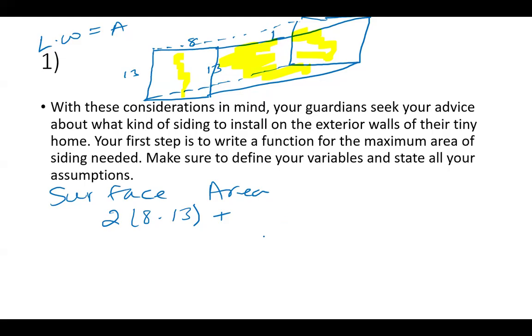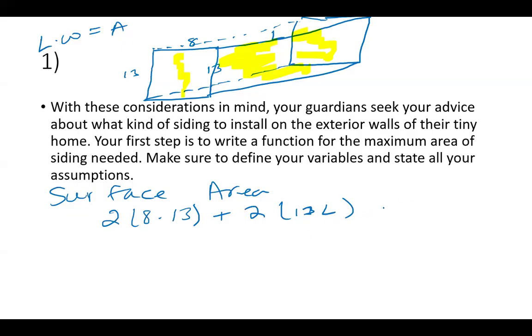And how many of them do I have? You're putting siding. Remember, it's surface area, not total surface area. So surface area is just your sides, not your bases. There will be 2 of them. And that would be 2 times 13L. Agree?